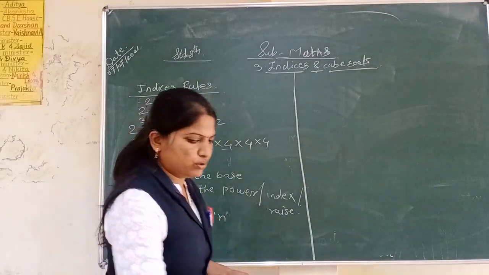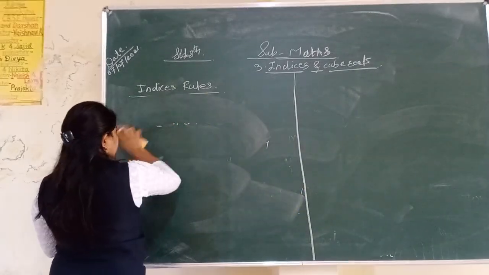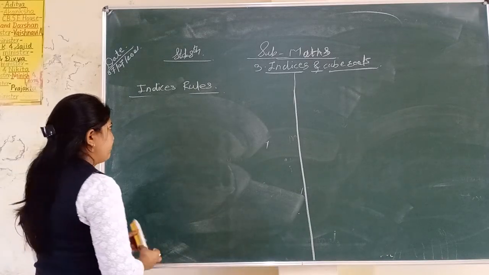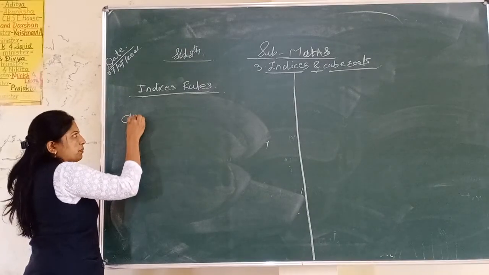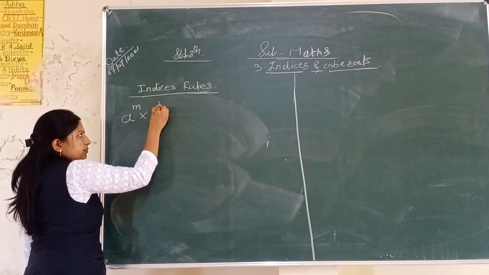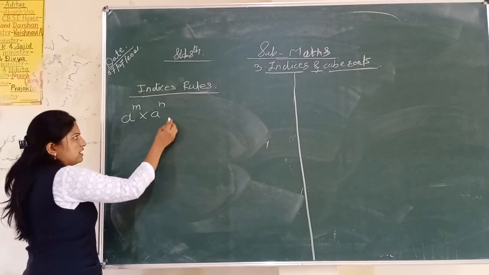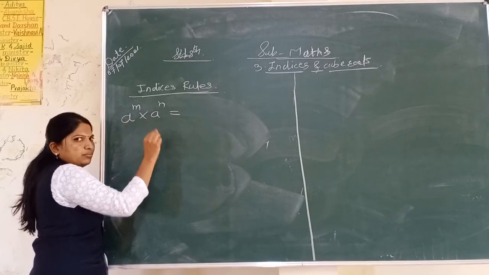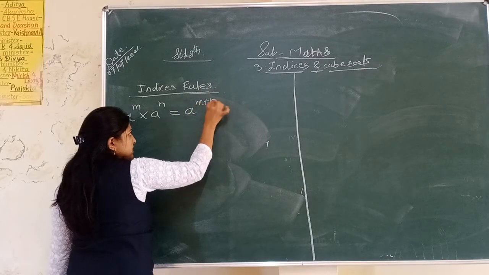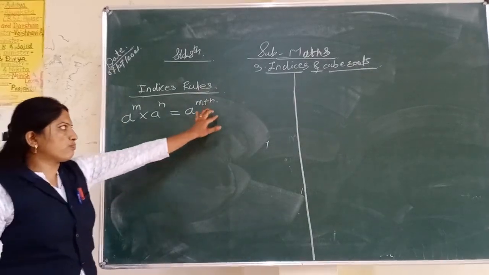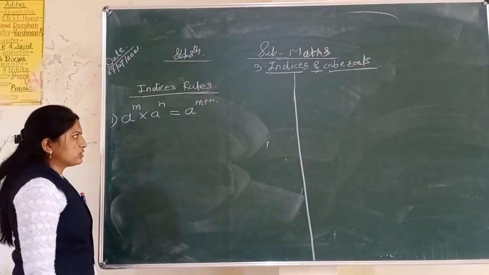There are 8 main rules of indices. Which are those? We will see. Your first rule: when the base is the same but the indices or powers are different, and both are in multiplication form, then a raised to m into a raised to n equals a raised to m plus n, addition of powers.